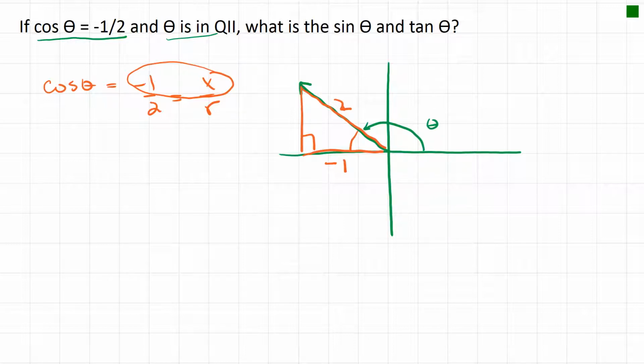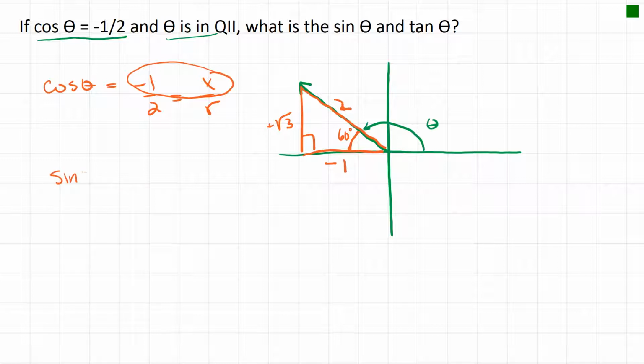So I know that this is one of my special triangles, and the missing side is root 3. And it's positive root 3 because we're going up on the y scale. So I have my diagram, and I know that it's a 30, 60, 90 triangle, so this has to be 60 degrees. So what are the sine and tan ratios?